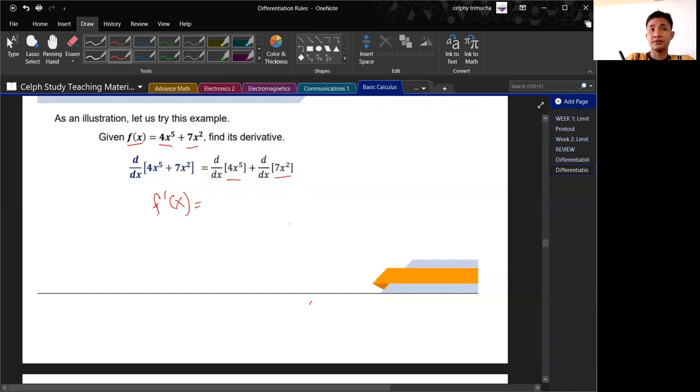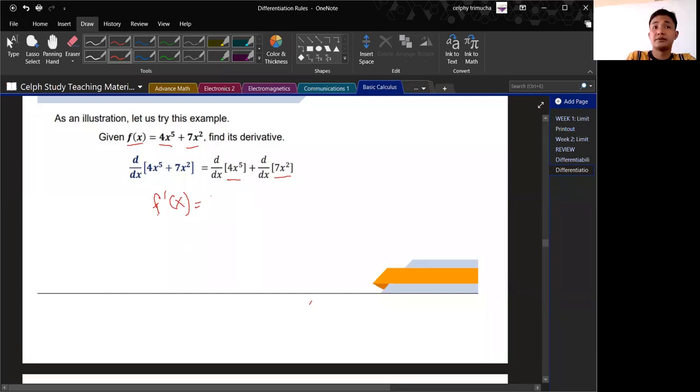So now let's continue. What is the derivative of 4x to the fifth? Anybody? 20 x to the power of 4.